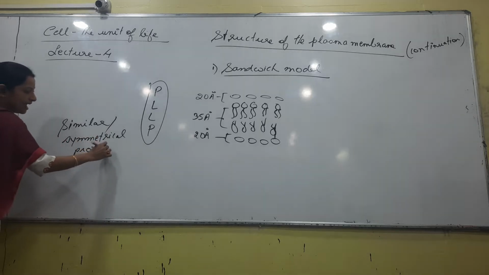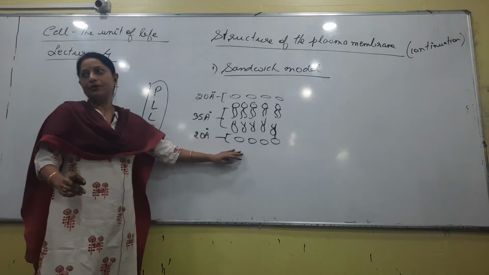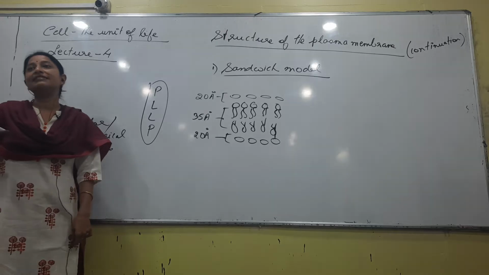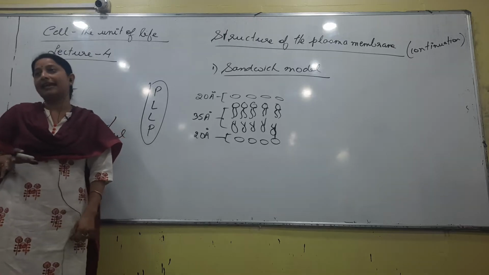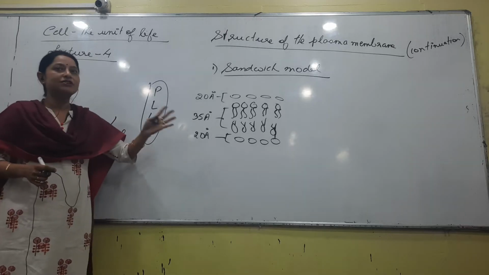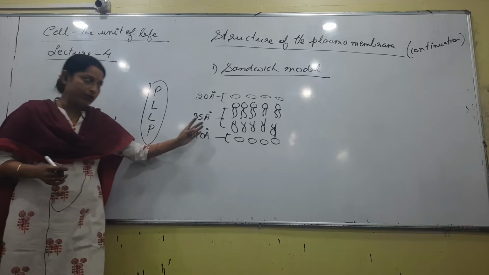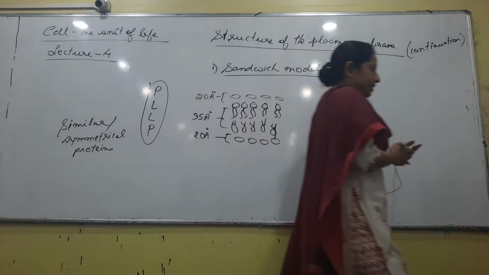That is the reason why I have drawn both of them the same, right? Later in the models, we will see that instead of symmetrical proteins, there are asymmetrical proteins. As of now, asymmetrical is not needed, you understood that in the last class. So, we will go to the next one.